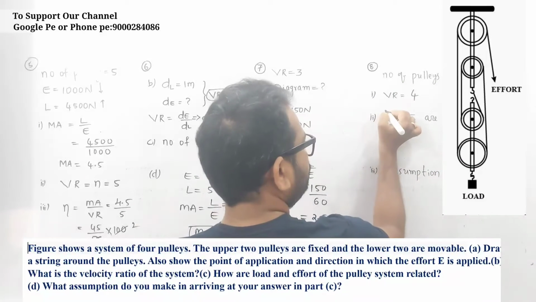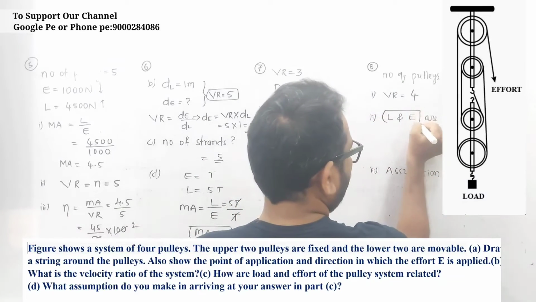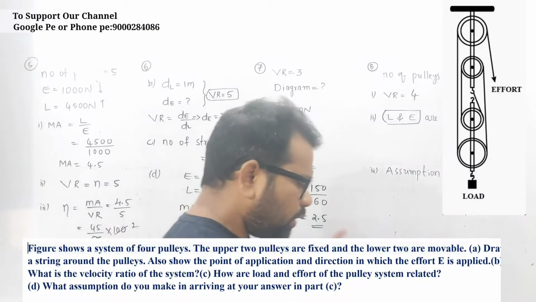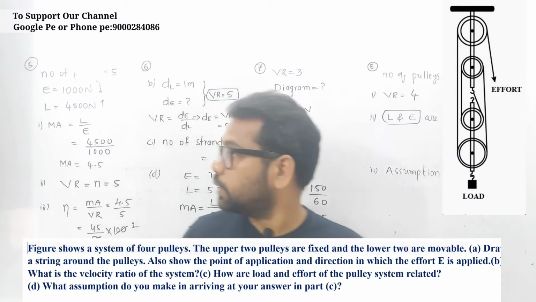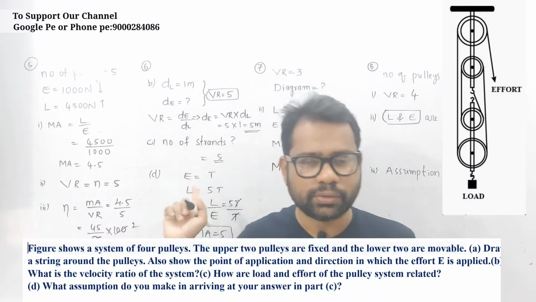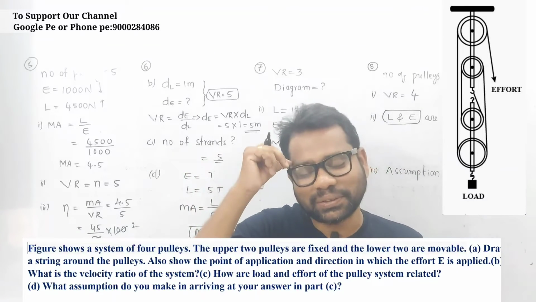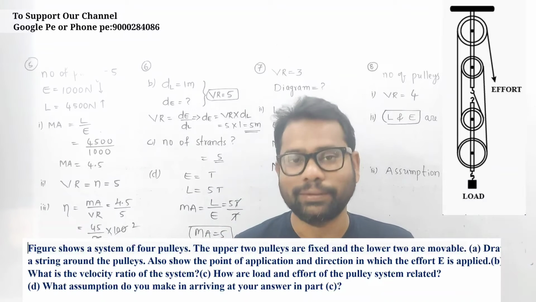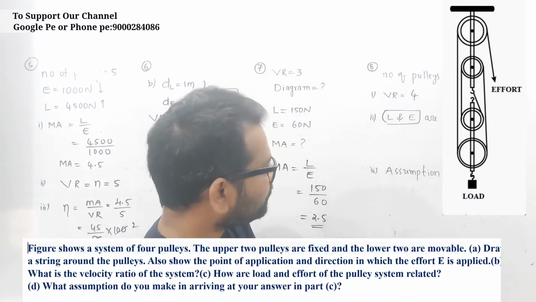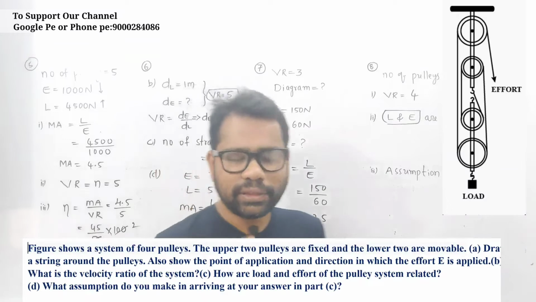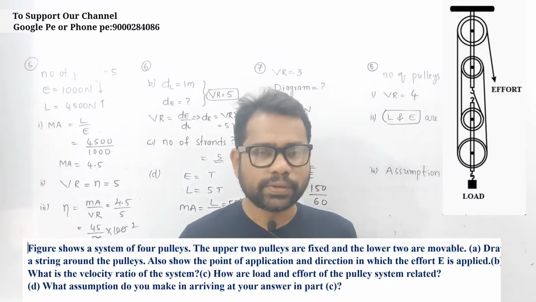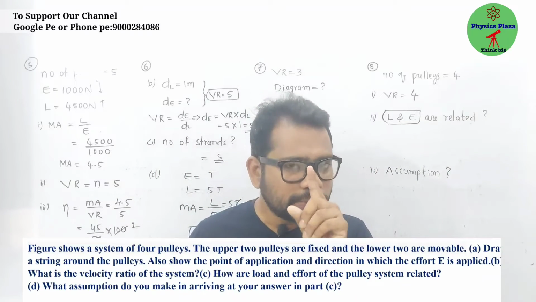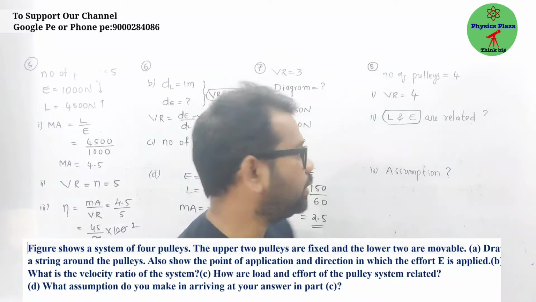Now they are asking us to find the relation between load and effort, children. In that diagram, first of all, effort is balanced by one strand in which one tension will be there.